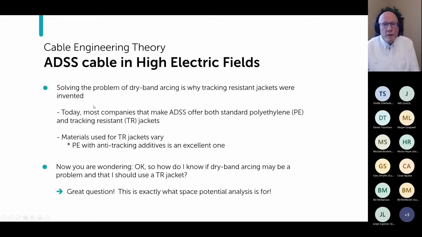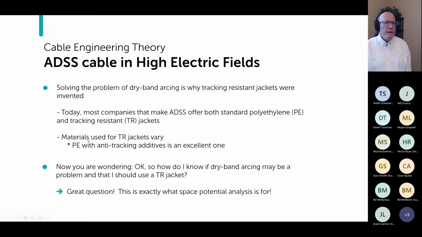So the solution to dry band arcing is what's called a track resistant jacket. Tracking resistant jackets use a material that prevents the tracking from occurring. Today, most companies that supply ADSS offer both a standard polyethylene jacket and a tracking resistant jacket.